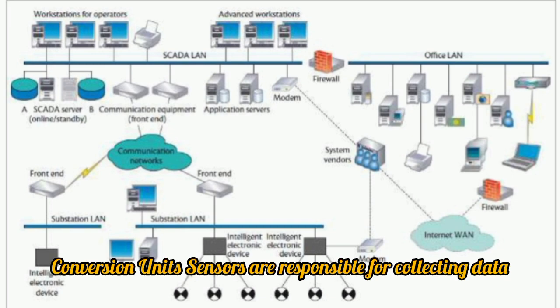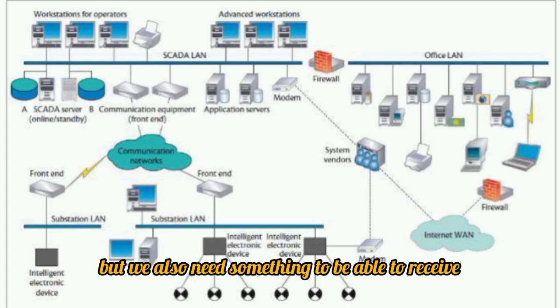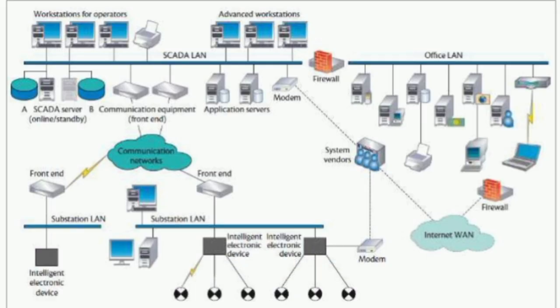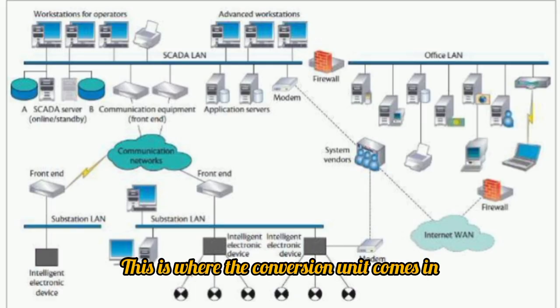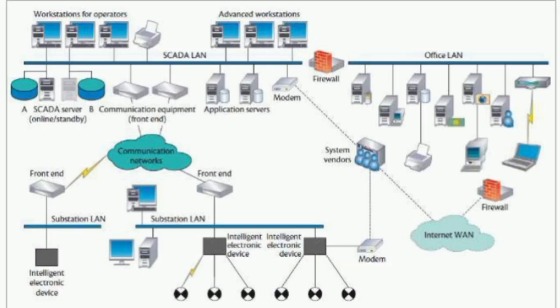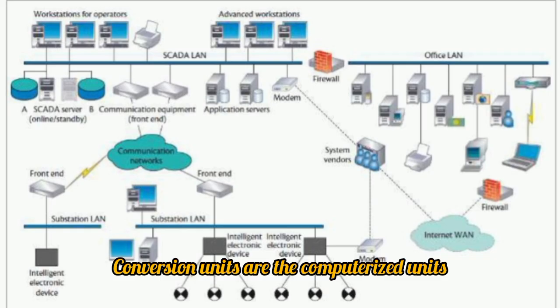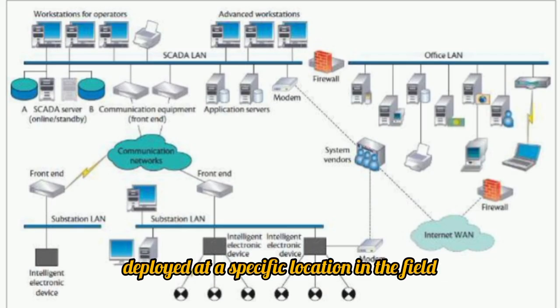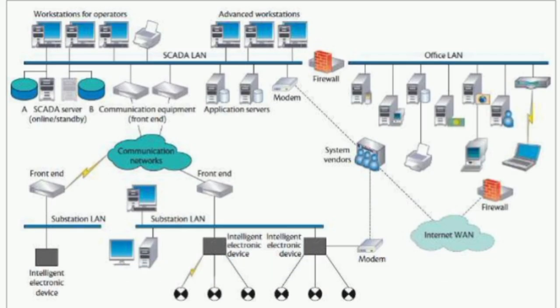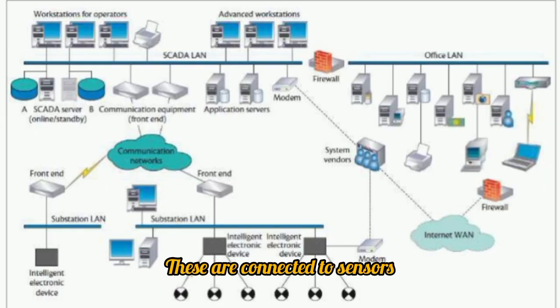Conversion units. Sensors are responsible for collecting data, but we also need something to be able to receive and interpret the data. This is where the conversion unit comes in. Conversion units are computerized units deployed at a specific location in the field. These are connected to sensors.